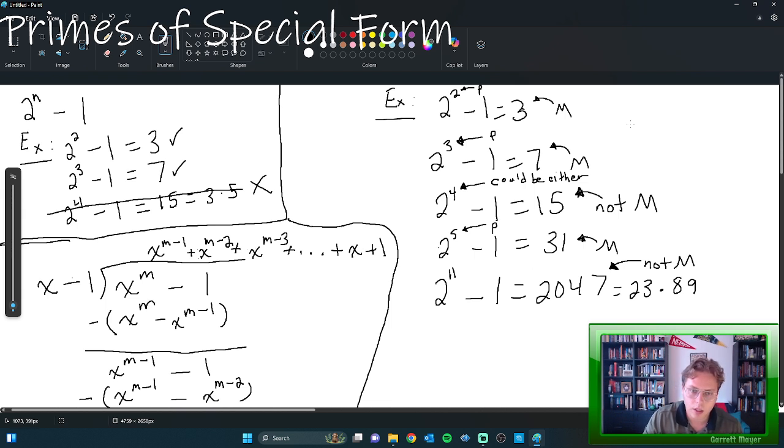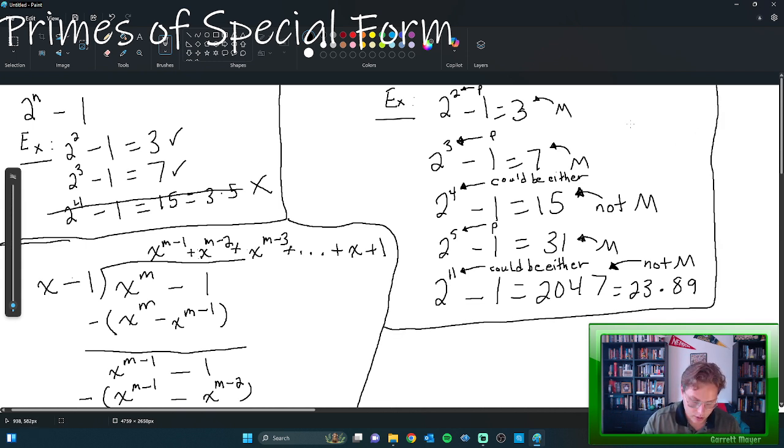So 11 could be either prime or not prime. In this case, it's prime. In this case, it's a composite. But ultimately, the point is, if it is Mersenne, then the power that it's taken to must be prime. So that is that for that section. That's what we have for Mersenne primes.